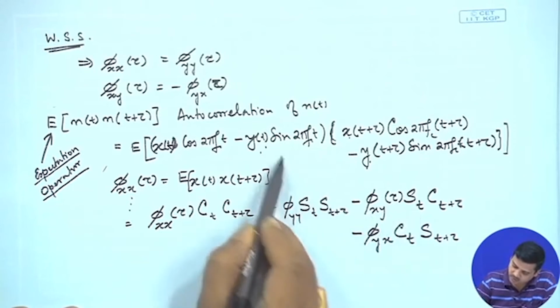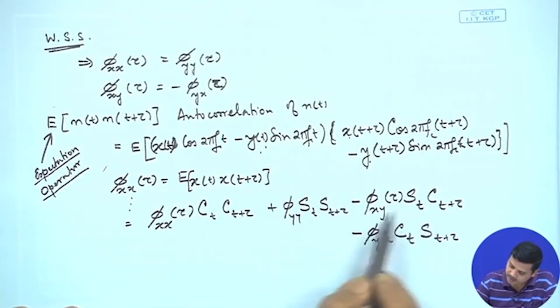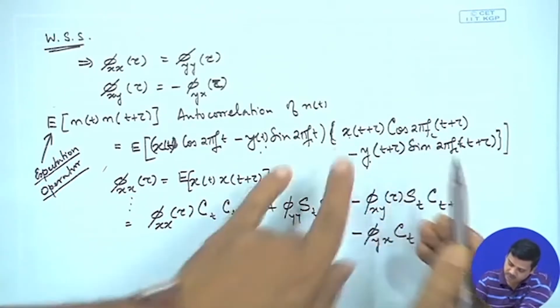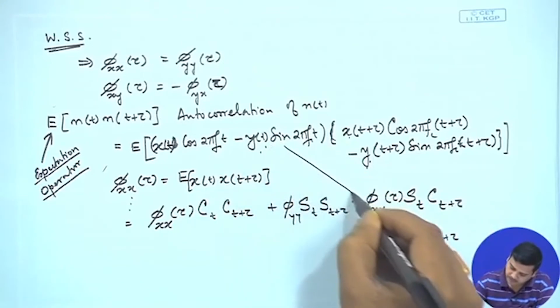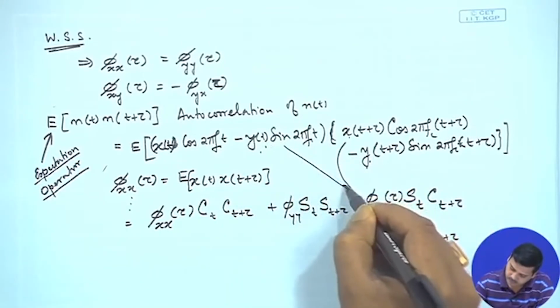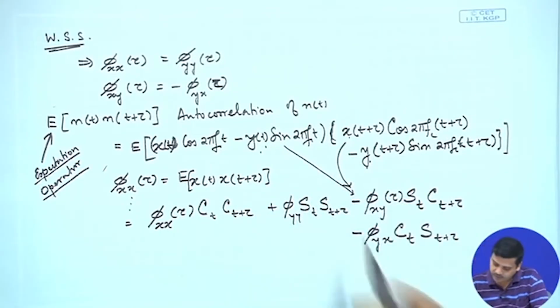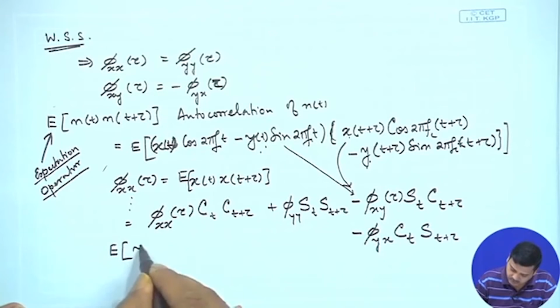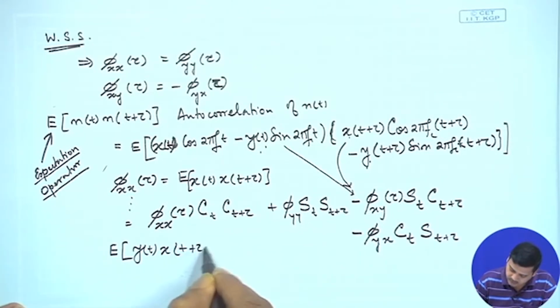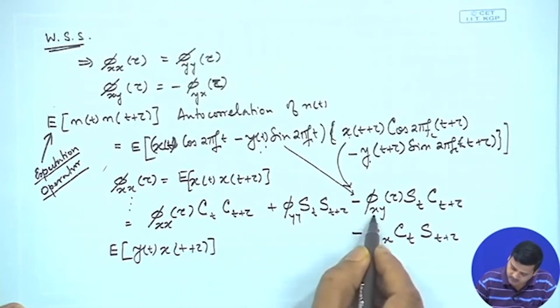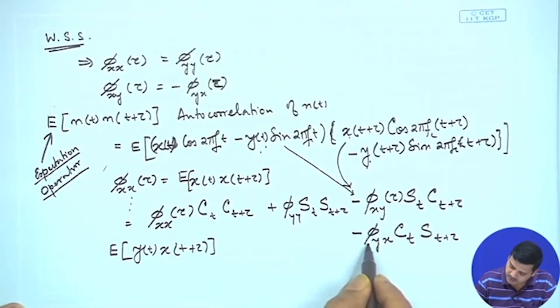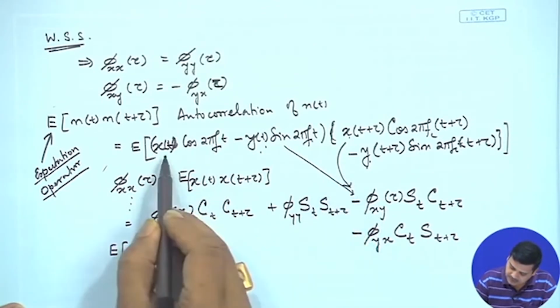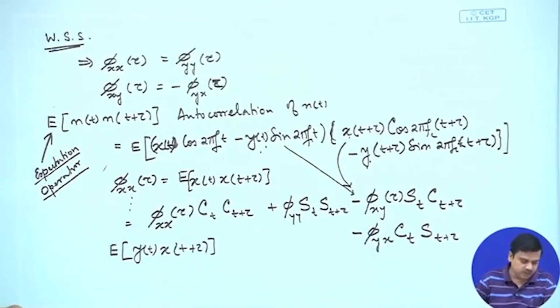That means we are having this term and we are having this term, so these two terms make this particular product. So, what we have is the expectation of y(t) and x(t plus tau) written over here. Similarly, this term is a result of this and this. So, that is how this relationship comes.